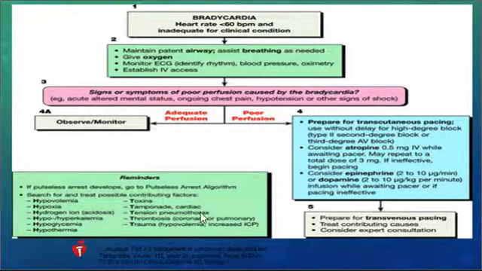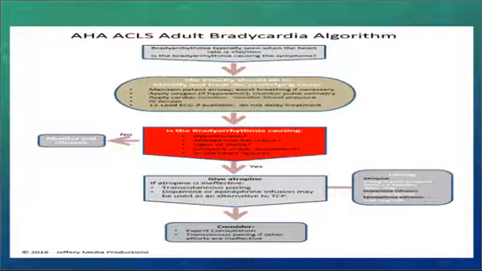Here's a really good thing to think of, things that can cause bradycardia: your H's and your T's. There's another bradycardia algorithm. Oxygen, airway, breathing, circulation. Get your oxygen going, keep them on a monitor, get IV access, prepare for a pacemaker, give atropine, and you might have to give epi or dopamine.